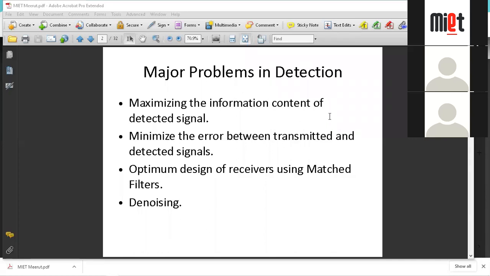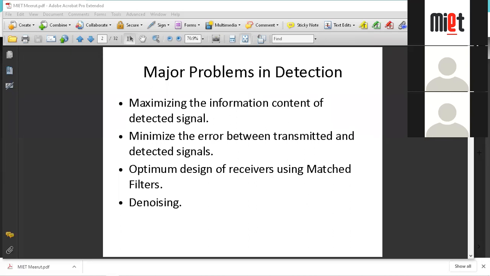The third one which comes to our mind is that we have studied matched filters, but how can we have the optimum design of the receiver using a matched filter? A matched filter can be used anywhere because the type of signal is known to you.